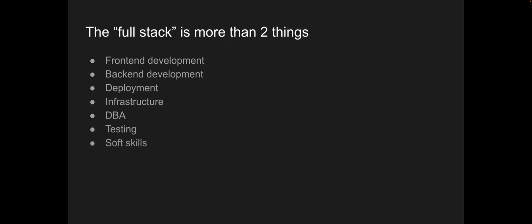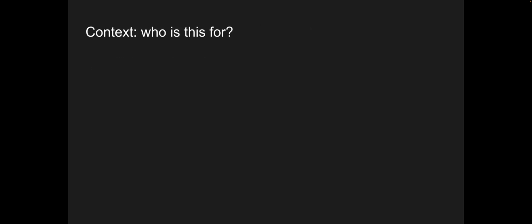And then there are just the soft skills, particularly, again, for more senior people who might have to interface directly with project managers or product owners or whatever we're calling them these days, or directly with clients. And so I'm going to talk about most of these things, not the soft skills part, but most of these other things. And so that's what I mean by full stack development.